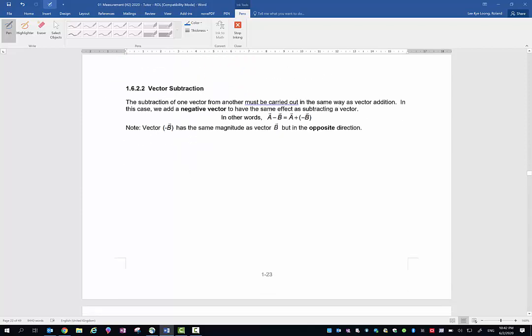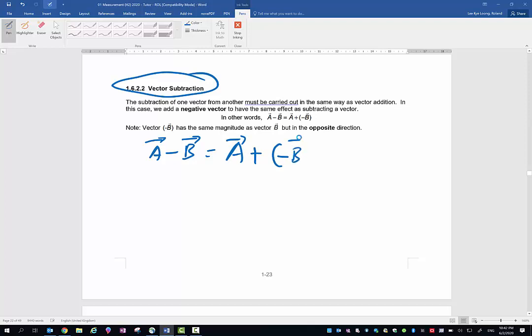Now, the next thing you need to know is vector subtraction. Vectors you can only add, but what if you have a minus b? A minus b is actually equal to a plus b in the opposite direction.